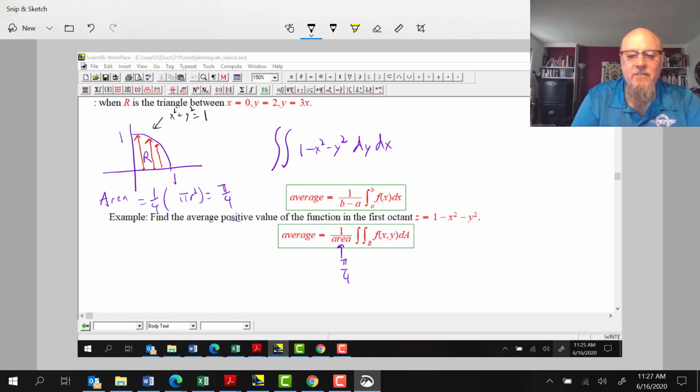I need to write it as y equals, since if that's a dy, these have to be y's. So I'm solving for y. y is equal to plus or minus the square root of 1 minus x squared, but I'm picking the plus because it's the positive end of it.